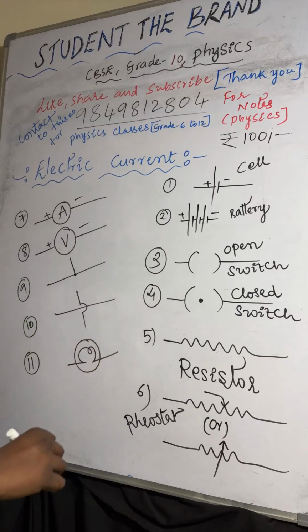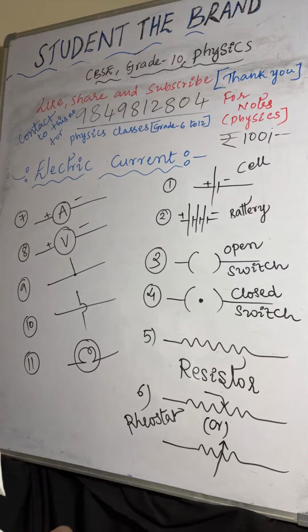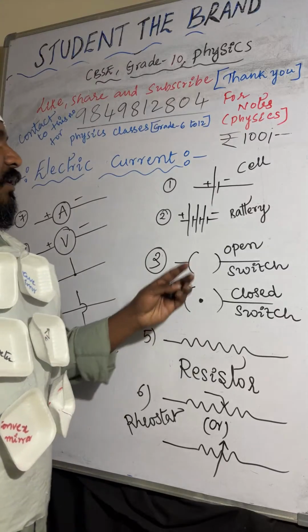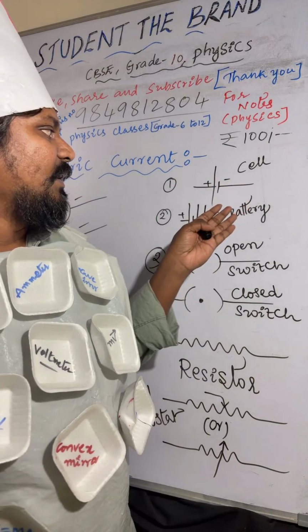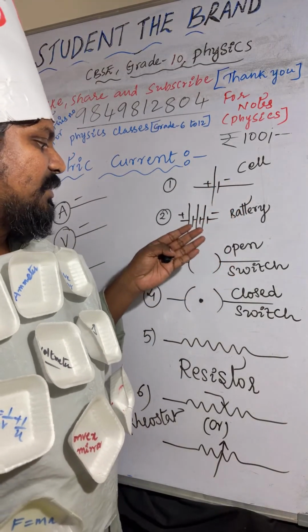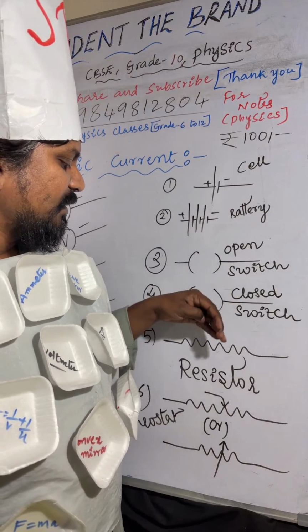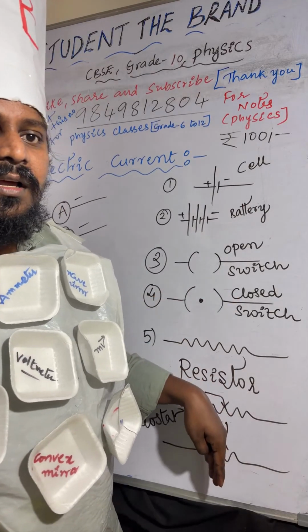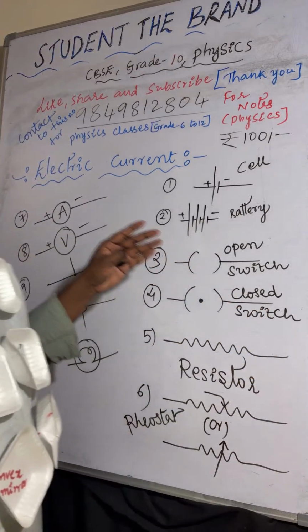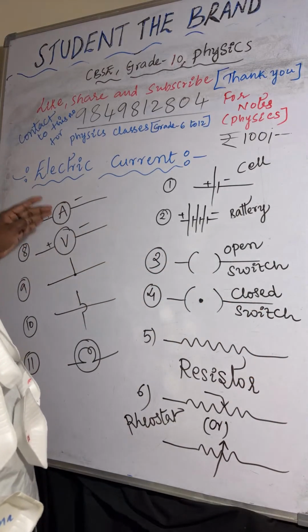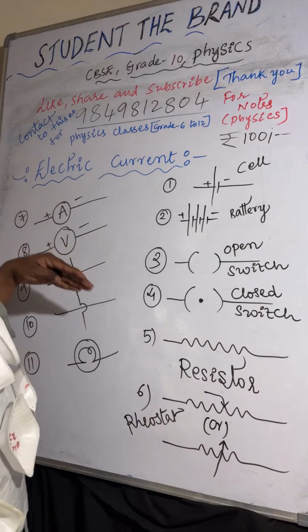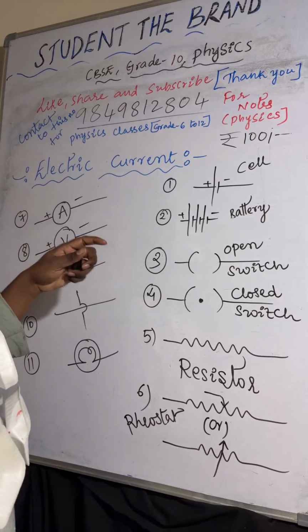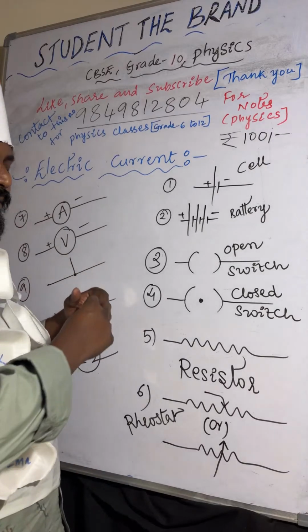This is a bulb. Okay, check once here: cell, battery, open switch, closed switch, resistor, rheostat, ammeter, voltmeter, wire joining, wire crossing, bulb. So these are the electrical elements.